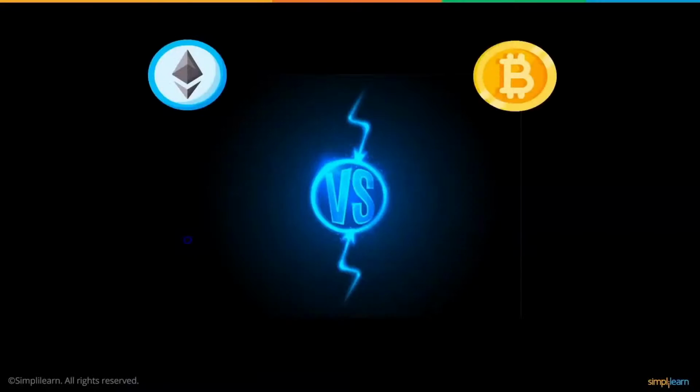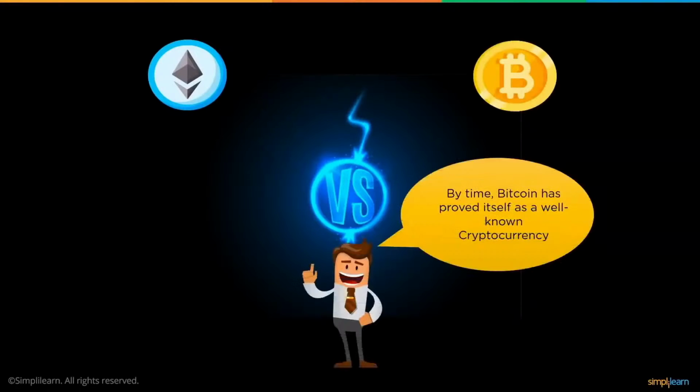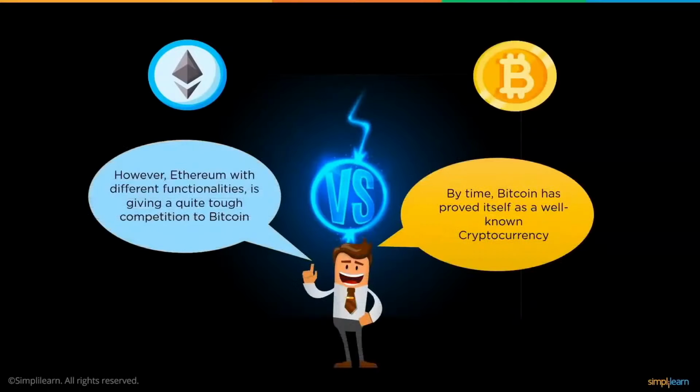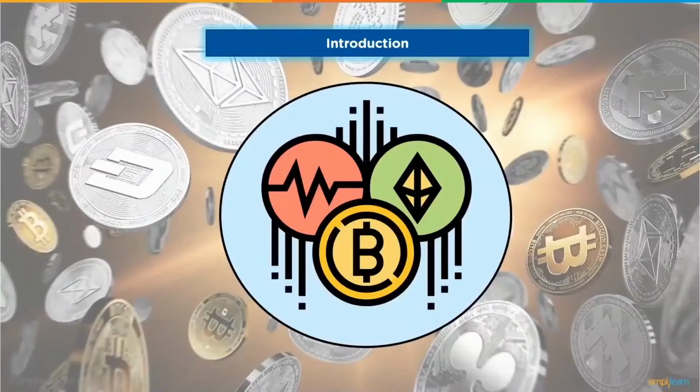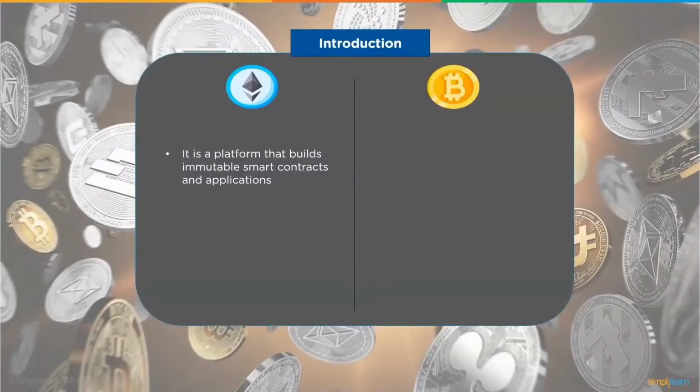By time, Bitcoin has proved itself as a well-known cryptocurrency. However, Ethereum with different functionalities is giving quite tough competition to Bitcoin. But before moving ahead, let's have an introduction to Ethereum and Bitcoin. Ethereum is a platform that builds immutable smart contracts, an application for its users without any centralized interference.